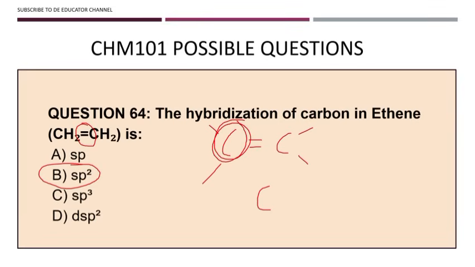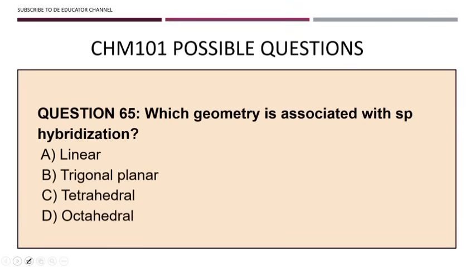If it is a triple bond, you count this triple bond as one. So if you pick one carbon, 1 bond, 2 bonds, that makes the hybridization sp, right? Next question: which geometry is associated with sp hybridization? You know the geometry attached to sp2 and sp3, right? The one attached to sp is linear.